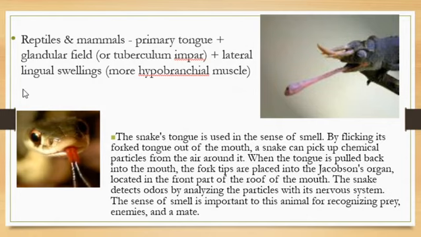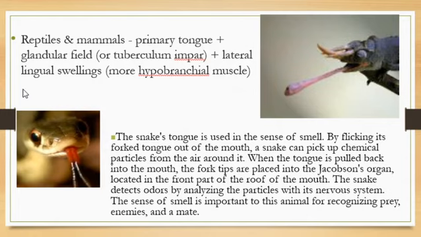In reptiles and mammals, the primary tongue is glandular, and we also have lingual swellings. Some lizards, like the iguana, show homoplasy in the appearance of their tongue with the anurans, because they have to stretch their tongue like the frog, but it is highly muscularized in lizards. In the Serpentes group, the snake's tongue is used to sense smell by flickering its forked tongue out of the mouth.